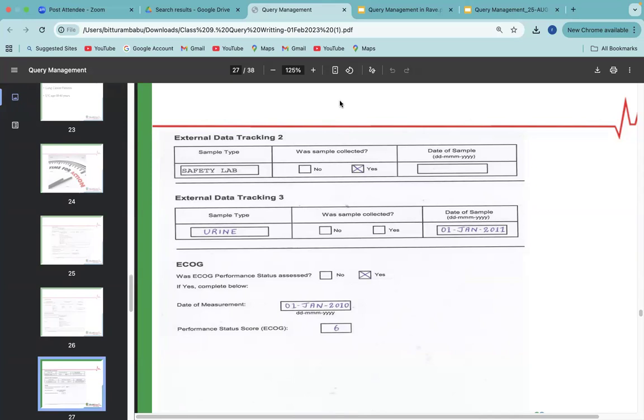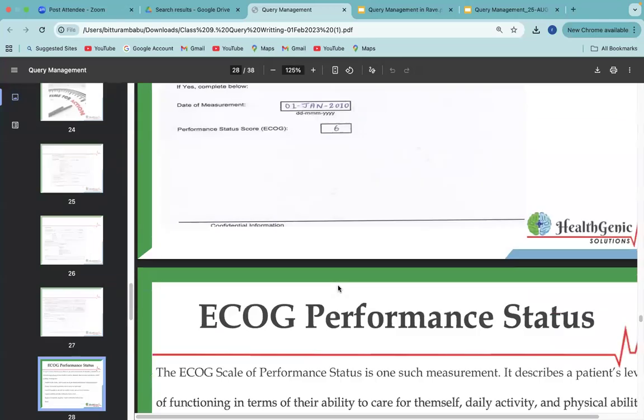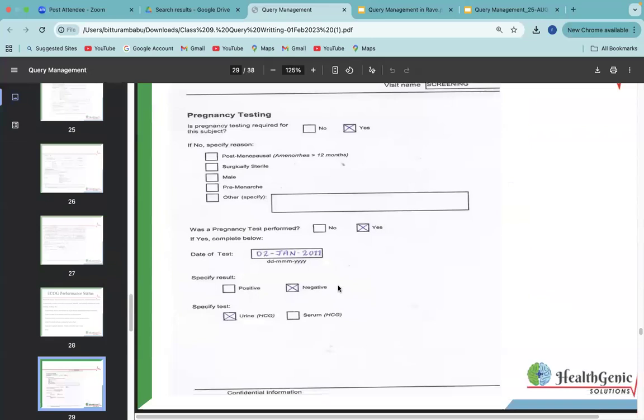Okay. So this you may not understand. I'll explain what that is. Good. So anything else here?